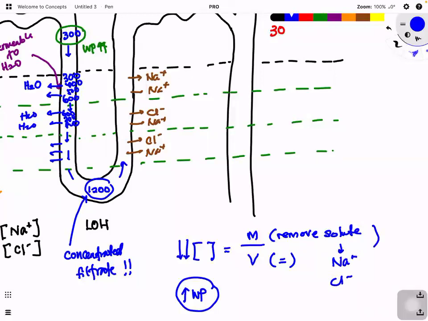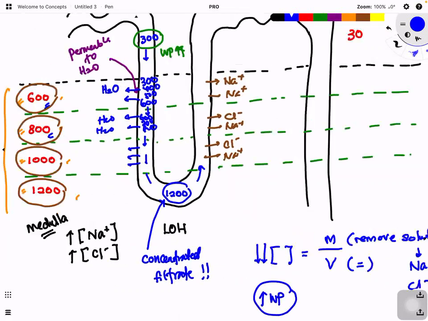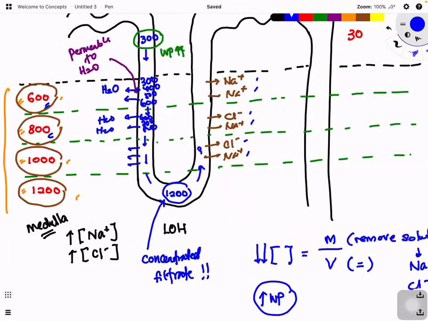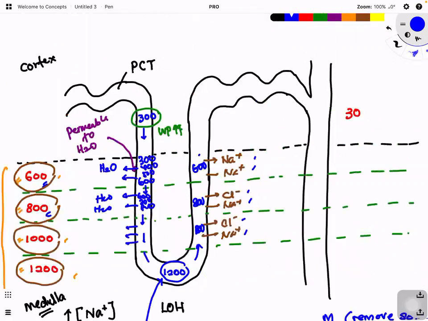These solutes are sodium ions and chloride ions. So from 1,200, if you remove the chloride ions and sodium ions, what will happen here? From 1,200 it becomes 1,000, 800, 600, and slowly when it enters here, it becomes roughly about 100 osmolarity. If it's 100 at the DCT, the difference is not so huge.